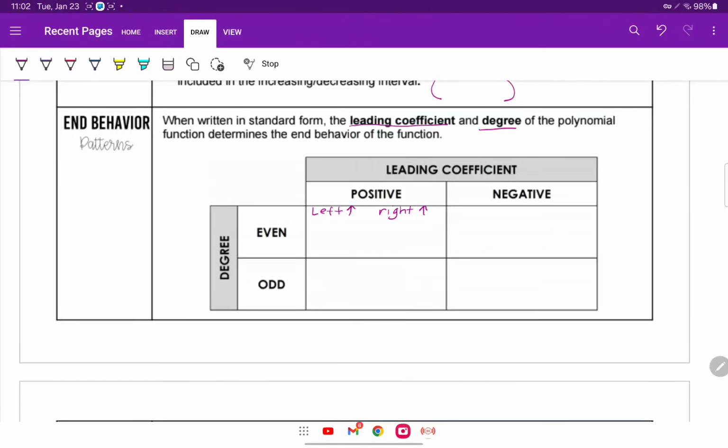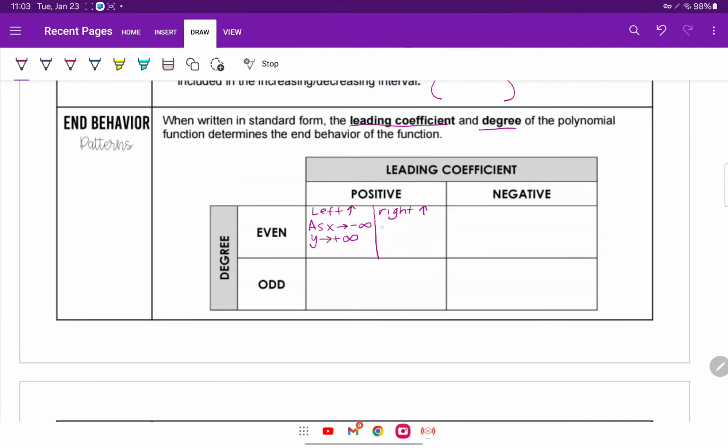Now, the way that we describe that, we can say rise for up, but the way we describe that in algebra is we say as x approaches, and if we're talking about the left-hand side, we're going left forever, so we're going to say as x approaches negative infinity, and that's just saying left side, the y value approaches positive infinity because it's going to point up.